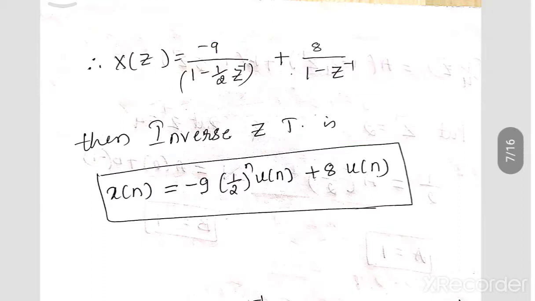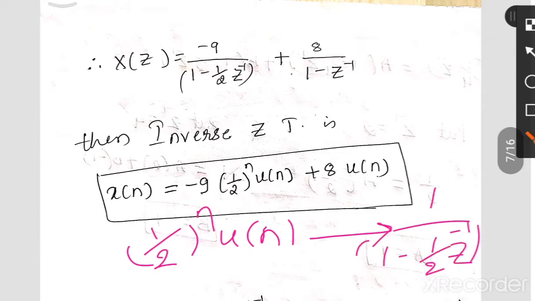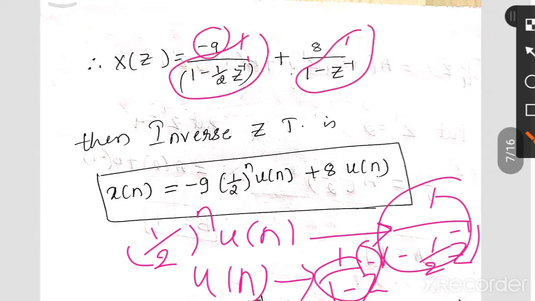I hope we are familiar with this, that is the z transform of 1 by 2 raised to n into u of n is 1 divided by 1 minus 1 by 2 into z raised to minus 1. Very familiar with this. And what is the z transform of u of n? The z transform of u of n is nothing but 1 divided by 1 minus z inverse. So these two are here only, 1 divided by this term and 1 divided by this term. Only constant terms are there along with those two.